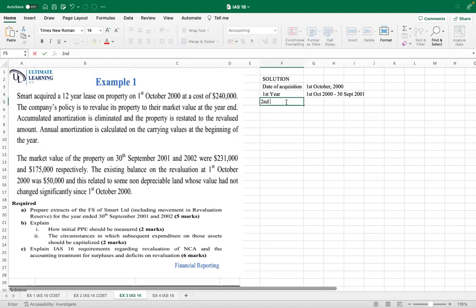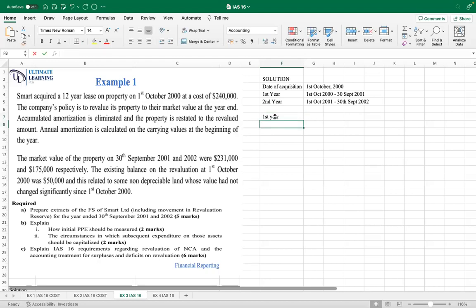Second year runs from 1st October 2001 and it ends on 30th September 2002. So that is the second year. So when we are calculating, remember, prepare extract of financial statements of Smart Limited for the year ending 30th September 2001. So I'll start with the first year. We do the calculations for the first year.